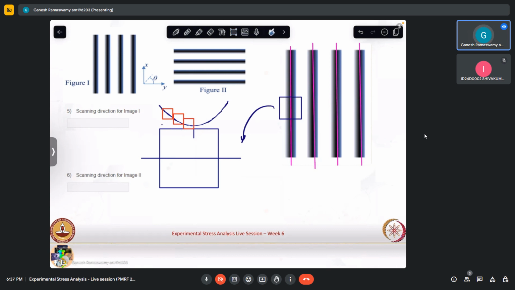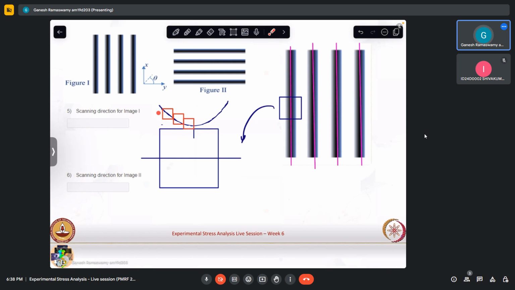What I am trying to say is, when the image is scanned and the intensity is being checked, we will note that the pixel intensity for this second pixel will be less than that of the first. Why? Because this is moving from white to dark. Similarly, the second pixel's intensity will be greater than that of the third, because this almost contains the fringe skeleton where the intensity is negligible.